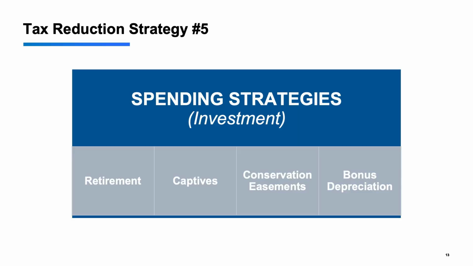But what happens if your client doesn't have the money to fund the retirement plan? Or maybe they would rather use that cash inside the business to help it grow. Again, the tactic here with spending strategies is that it's really dependent on whether or not the taxpayer wants to spend the cash in order to use the strategy.